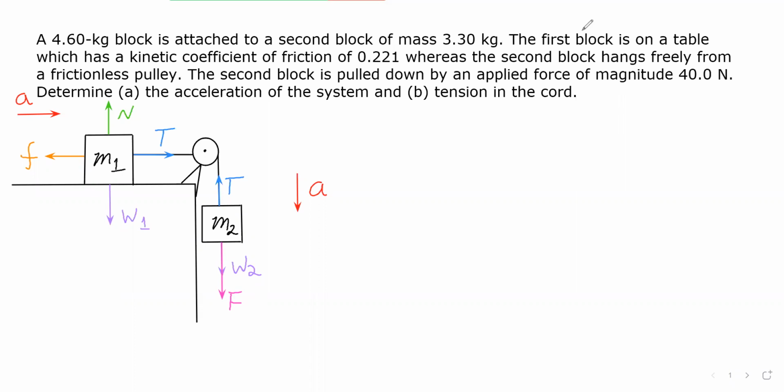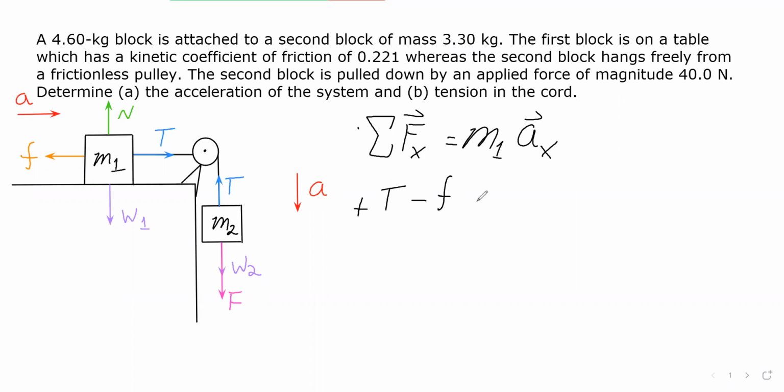So you simply apply Newton's second law to each block individually. Sum of all forces in X equals mass 1 times acceleration in X. We have two forces acting horizontally on block 1, a T and an F. Now, F always has the set in stone formula: mu times N is friction, and that still equals M1A.